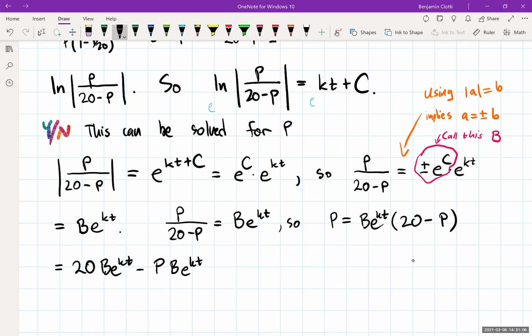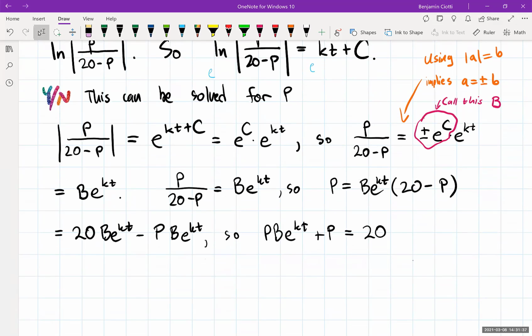And let me move all the P's to one side of the equation. So if I add this term to both sides, P B e to the kt plus P is equal to 20 B e to the kt.